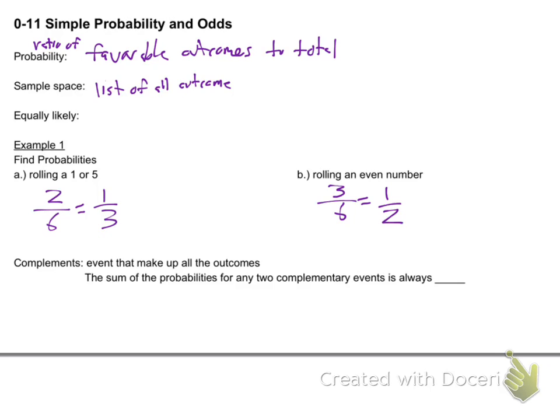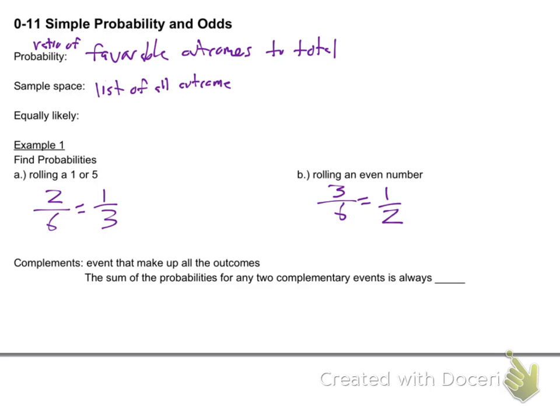Because, as I have it stated here, complements are the events that make up all outcomes. If I took the probability of rolling a 1, a 2, a 3, a 4, a 5, or a 6, they're all 1/6. 1/6 plus 1/6 plus 1/6 plus 1/6 and so on, all of the numbers end up creating 100%, or a 1.